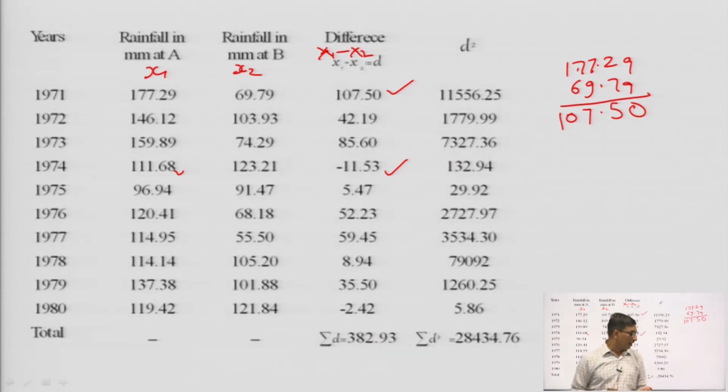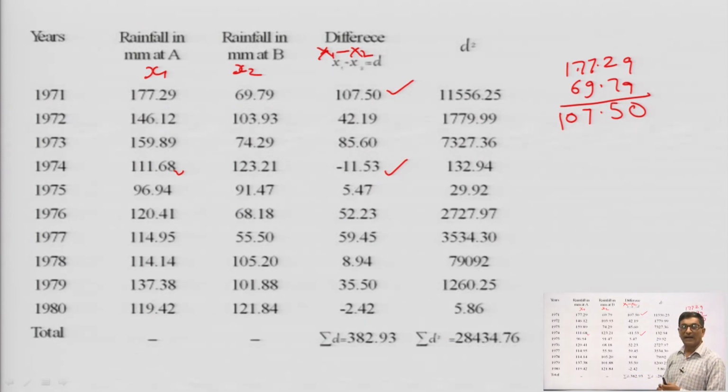Look here, summation d square is the sum of the square of d values or differences, and this is 28,434.76 and summation d is 382.93.